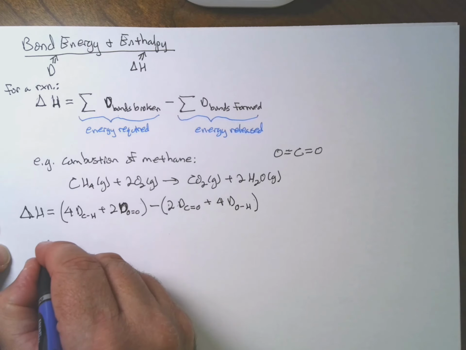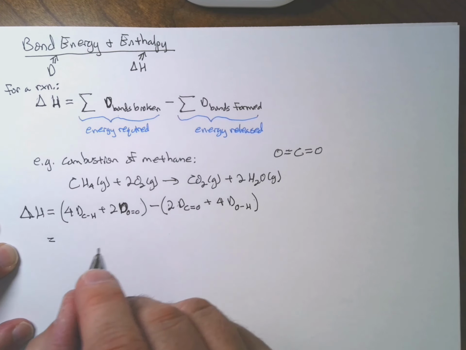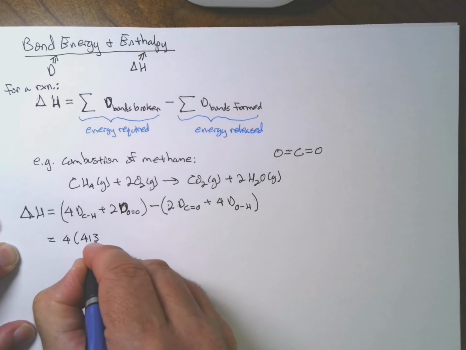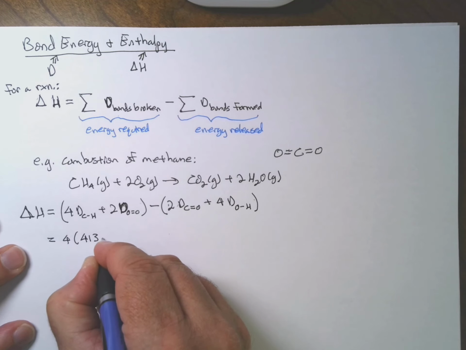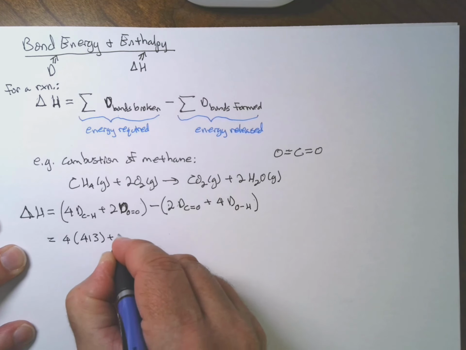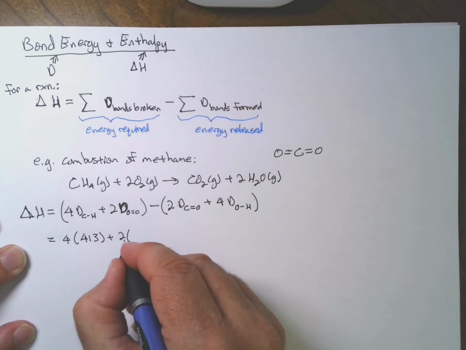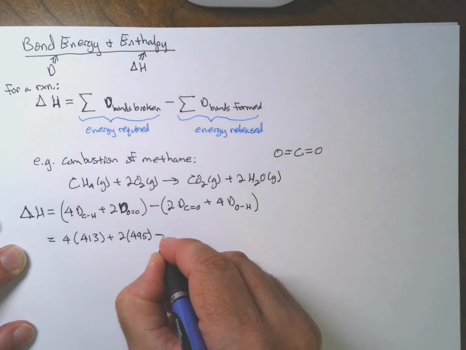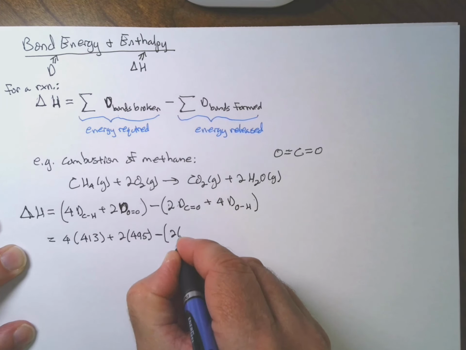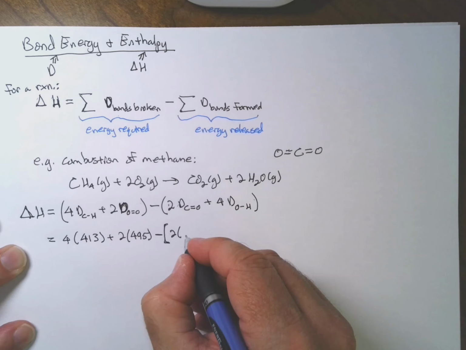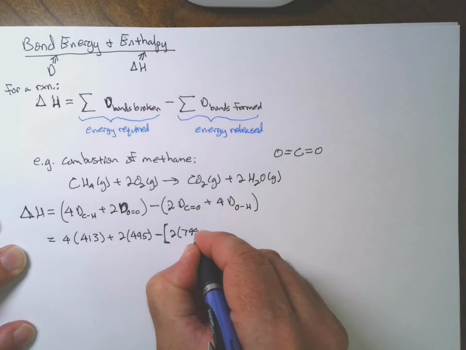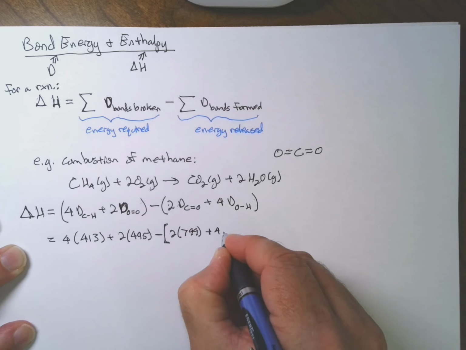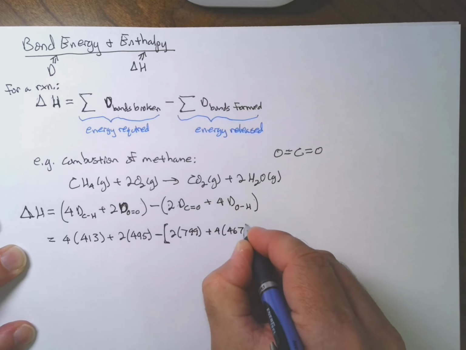And I can go ahead and plug these in here, and I could get 4 times 413 plus 2 times, I can look this up, 495, minus 2 times 799 plus 4 times 467.